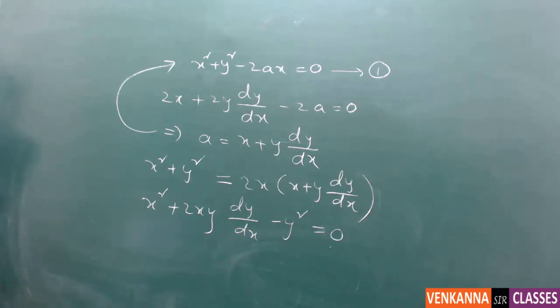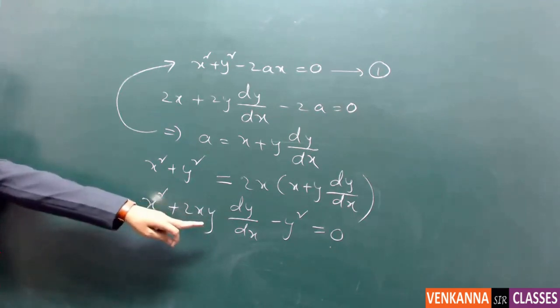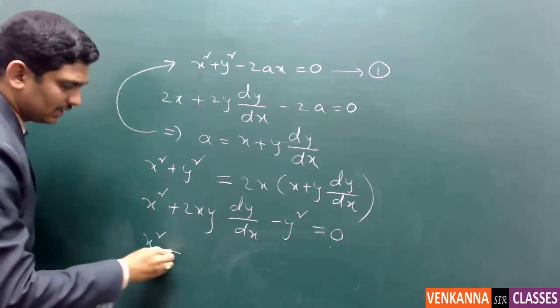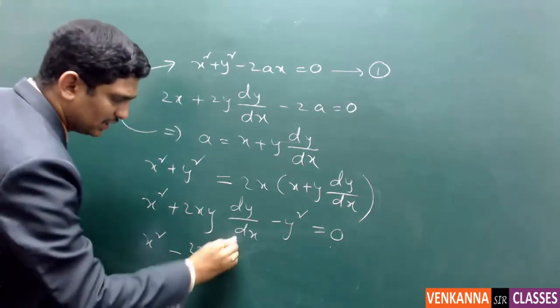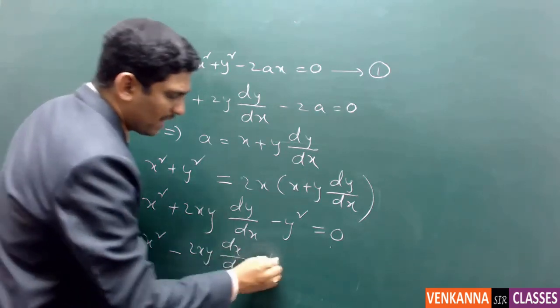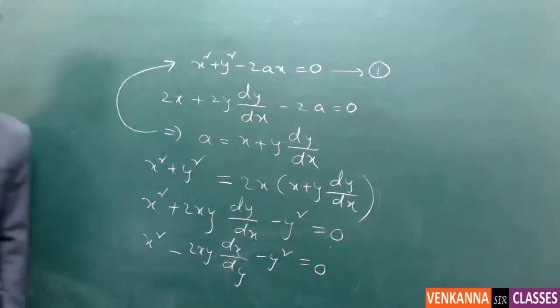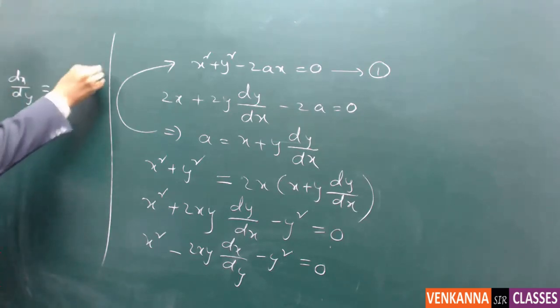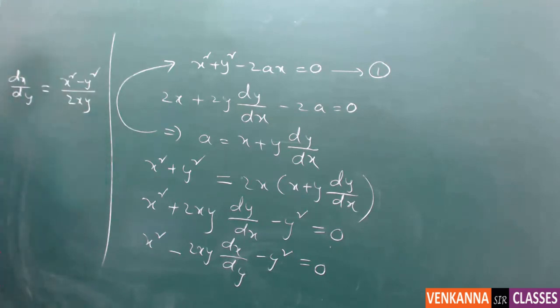Since the parameter a is eliminated here, let us replace the differential dy by dx with minus dx by dy. x square minus 2xy into dx by dy minus y square equal to 0. Now we have to solve this equation. So you can write in the other manner that dx by dy is equal to, that also you can write.